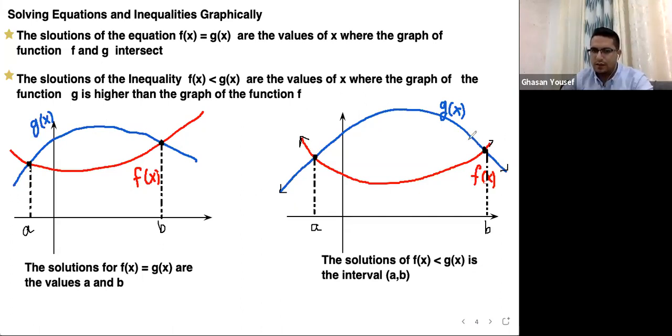But the g of x will be greater than the f of x only inside this interval, only from this point A and ending at this point B. And about this, the function f of x will be greater than g of x outside.